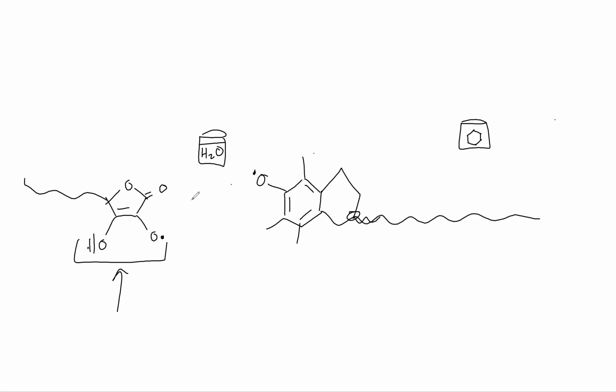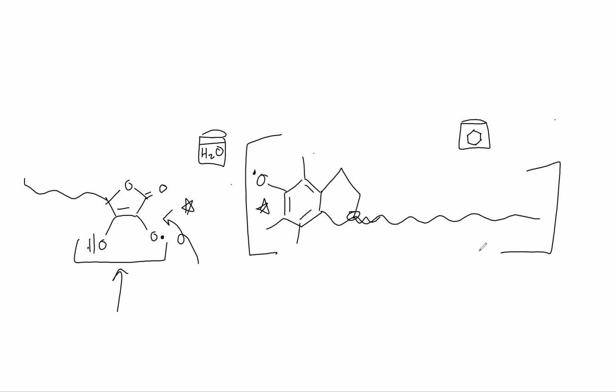The biggest difference between these two is that this one has a lot of oxygens. And because it has a lot of oxygens, it has a lot of polarity. So it can be used in a polar aqueous environment. Whereas this one over here has not enough oxygens to compensate for the amount of carbons.